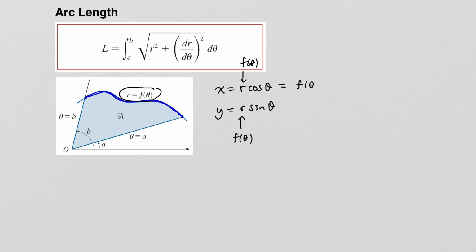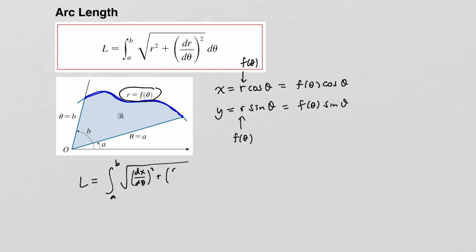And this becomes f of theta cosine of theta, and the other one is f of theta sine of theta. Now, we already know that if we're using parametric equations, the arc length is given as the integral from a to b of the square root of (dx/dθ) squared plus (dy/dθ) squared with respect to theta. This is the arc length in parametric form.